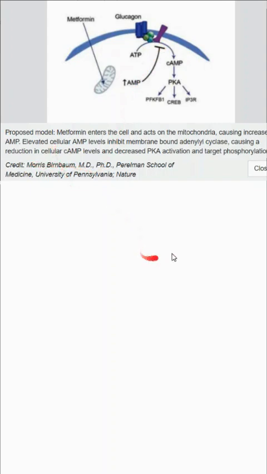This proposed model says that metformin, right here, enters the cell and acts on the mitochondria, causing an increase in AMP. Elevated cellular AMP levels inhibit membrane-bound adenylyl cyclase, causing a reduction in cellular cyclic AMP, or cAMP, levels and decreased PKA activation and target phosphorylation.